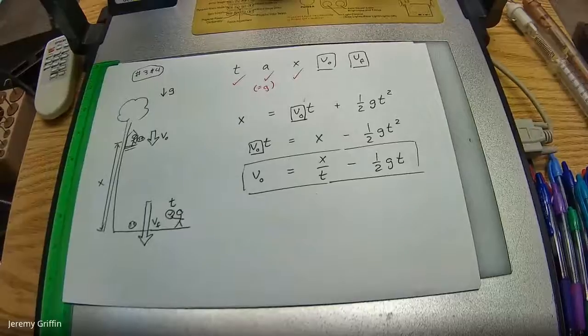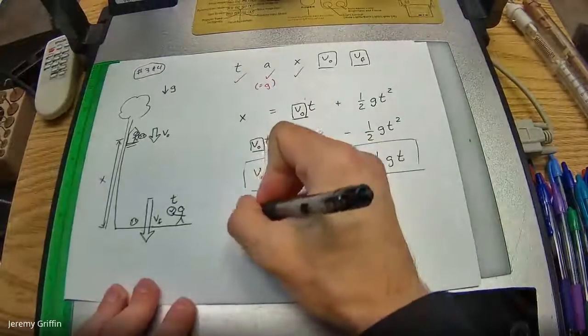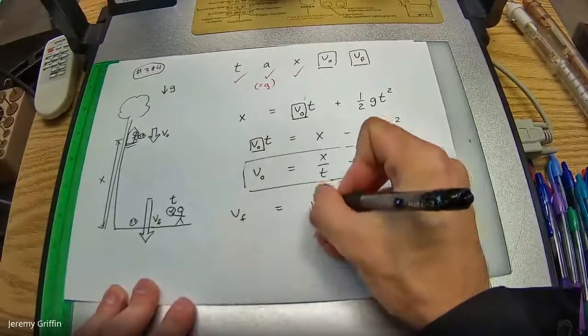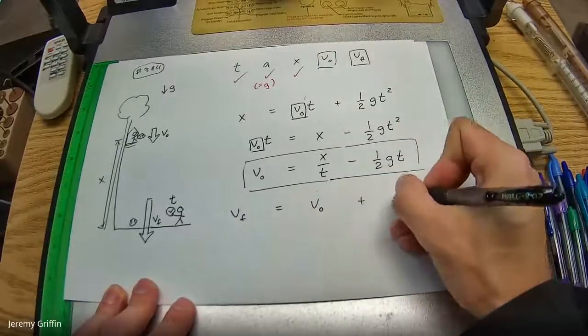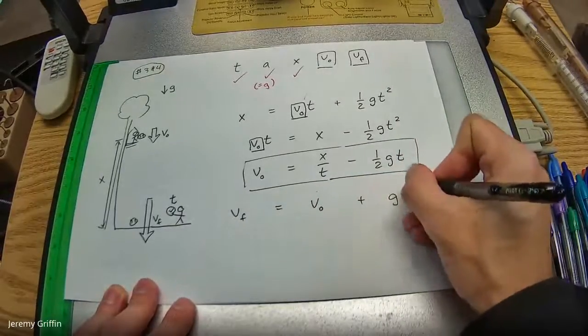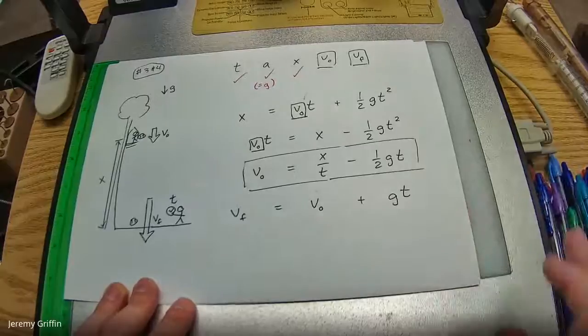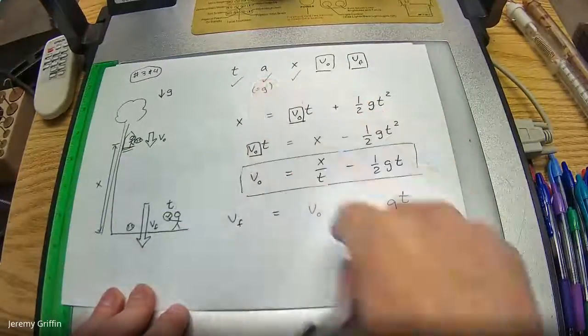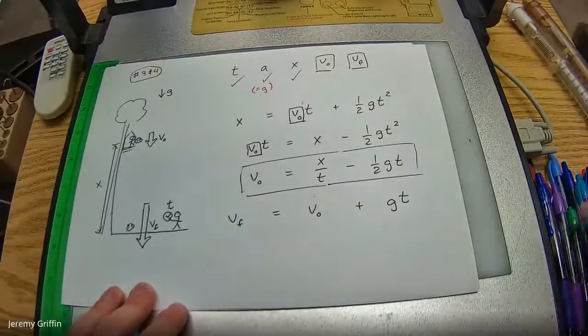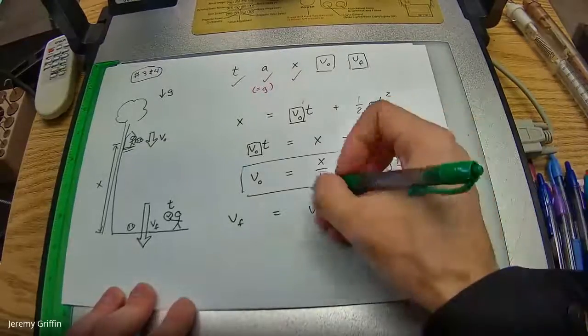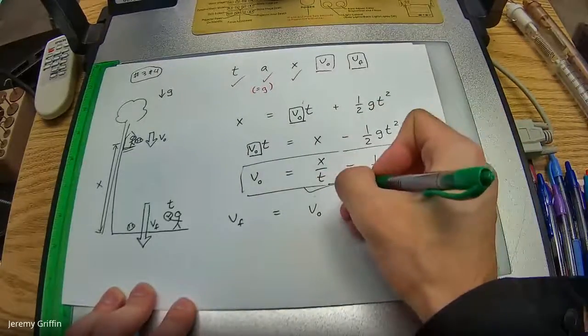Second equation. Final velocity equals initial velocity plus acceleration times time, so let's call it g t. And we have V0. It's this entire expression right here, isn't it?